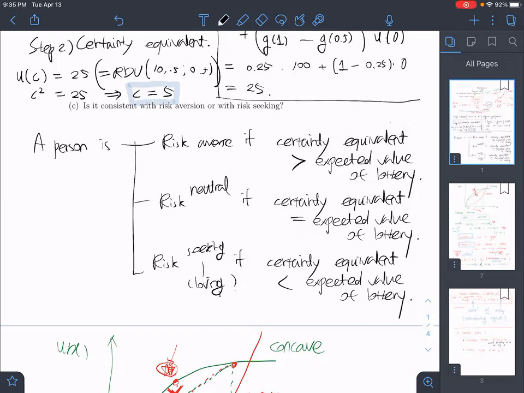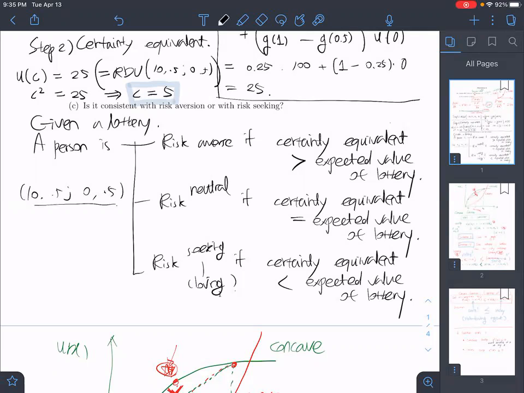Okay, so given a lottery, a person is risk averse if the certainty equivalent is larger than the expected value of the lottery. So in here, our lottery was 10 and 0, each happening with probability 50%, 0.5.